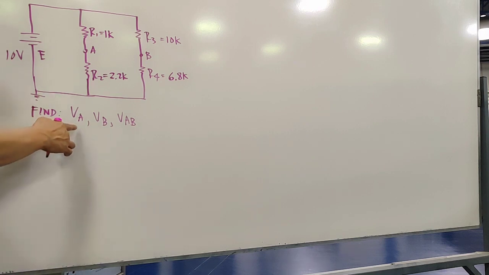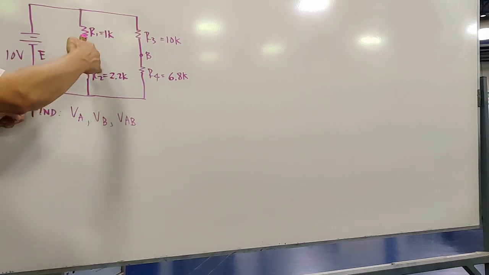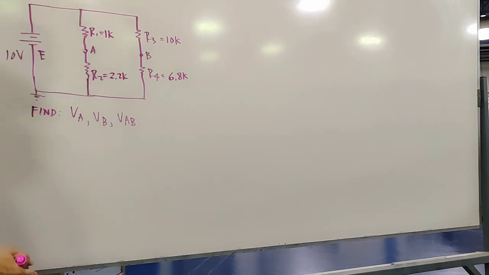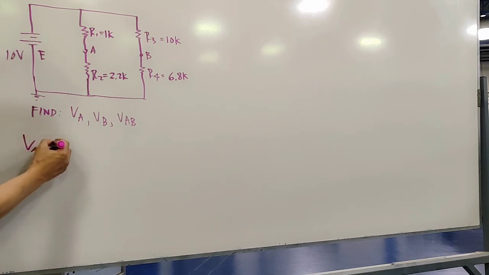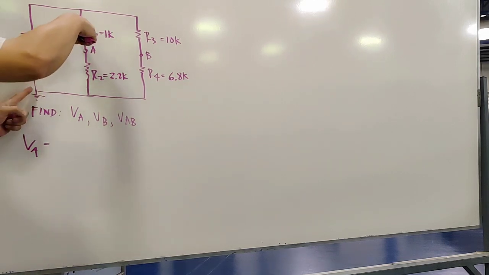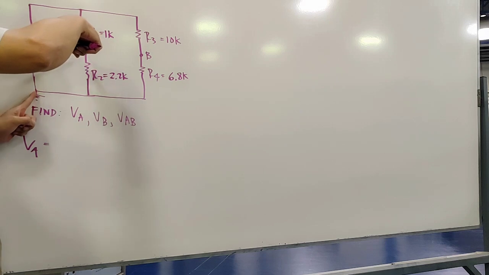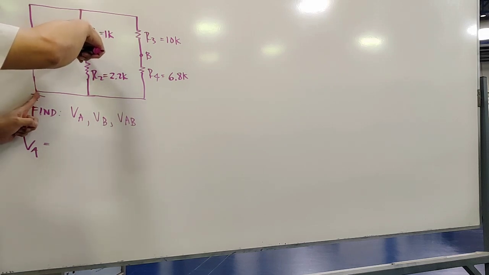So, the question here, how? Let's start with VA. Can we calculate VA? Now, you need to identify VA. We already identified VA, right? It's here. But let's see. VA is actually what? The voltage is across what? As I mentioned before, one from ground, one from here, for VA.